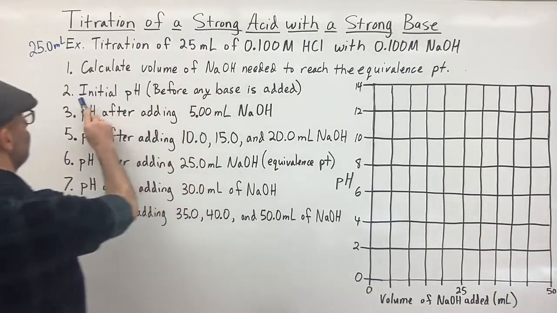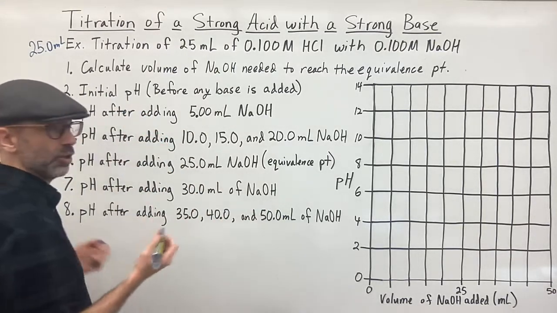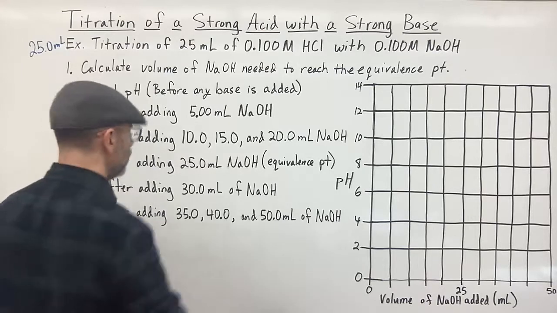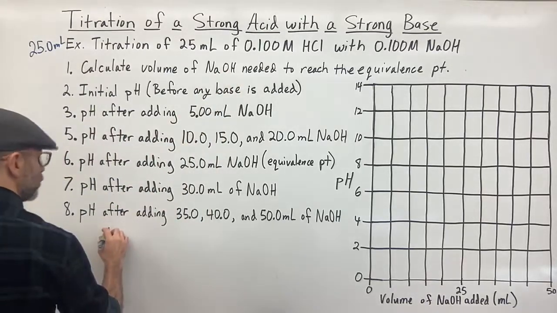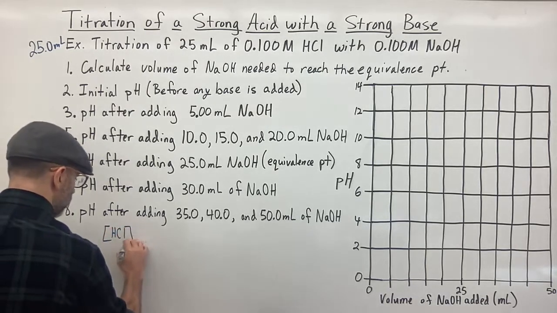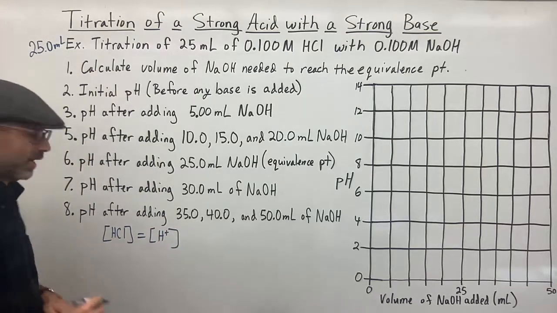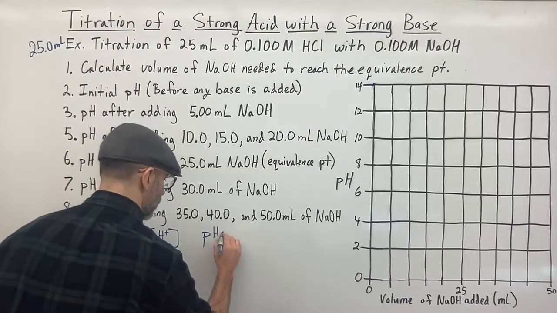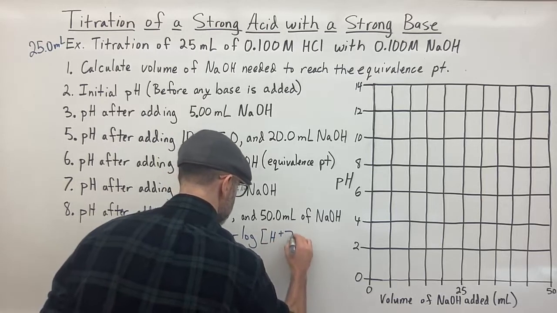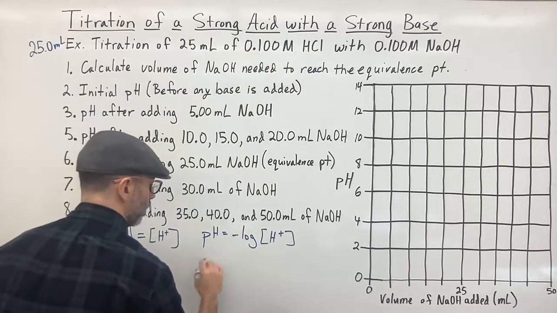And since I want to calculate the initial pH of my HCl solution, I'm going to use pH is equal to the negative log of the H plus concentration. Since I know that for a strong acid, the concentration of HCl is equal to the concentration of H plus in solution, I can put that in there for the H plus concentration.